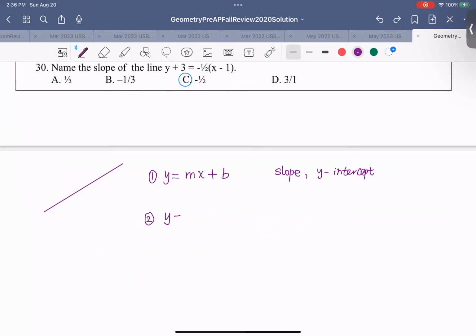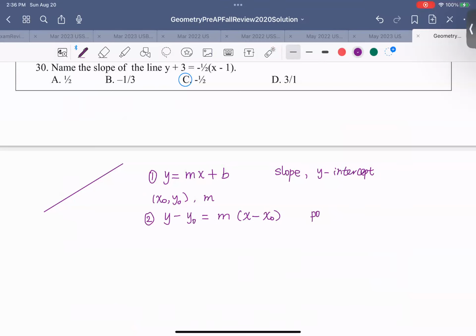So give you an x0, y0. Give you a slope. How do we write down the equation, please? Y minus y0 is equal to m times x minus x0. This is called what format? The point slope format.